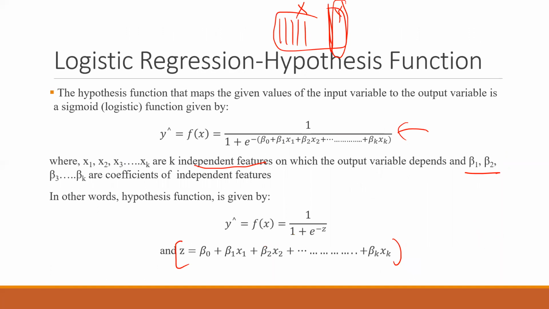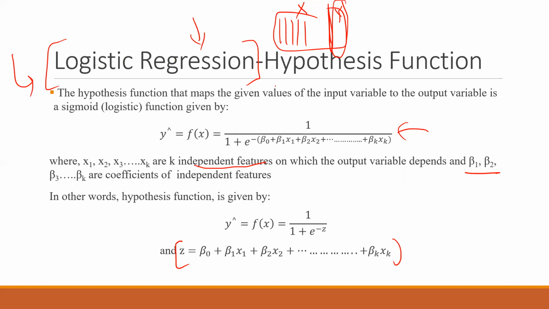I have one question here which has not been discussed by me yet. There is this name regression in logistic regression, but it is actually doing classification work. Then why did people not name it logistic classification? Why are we saying logistic regression?